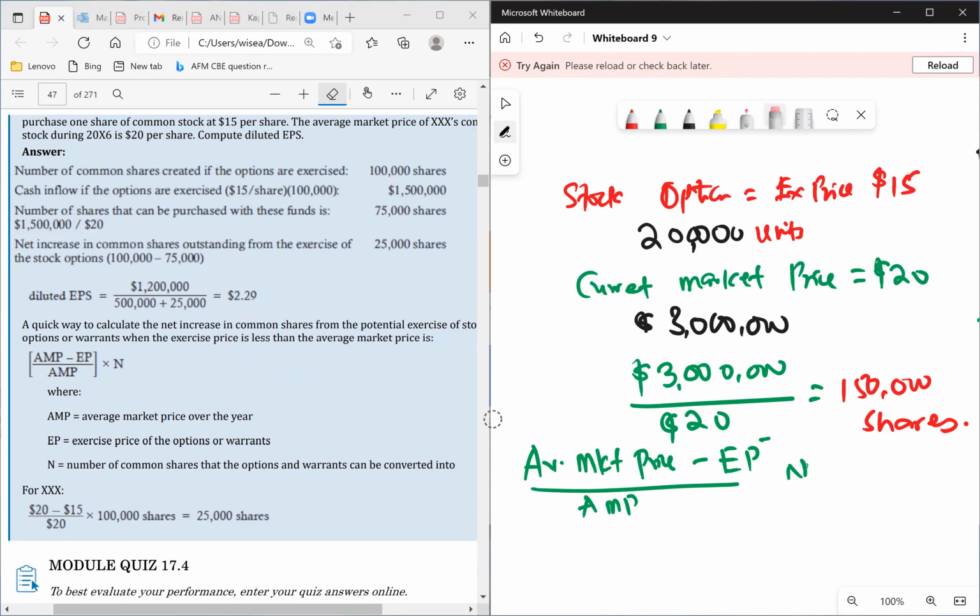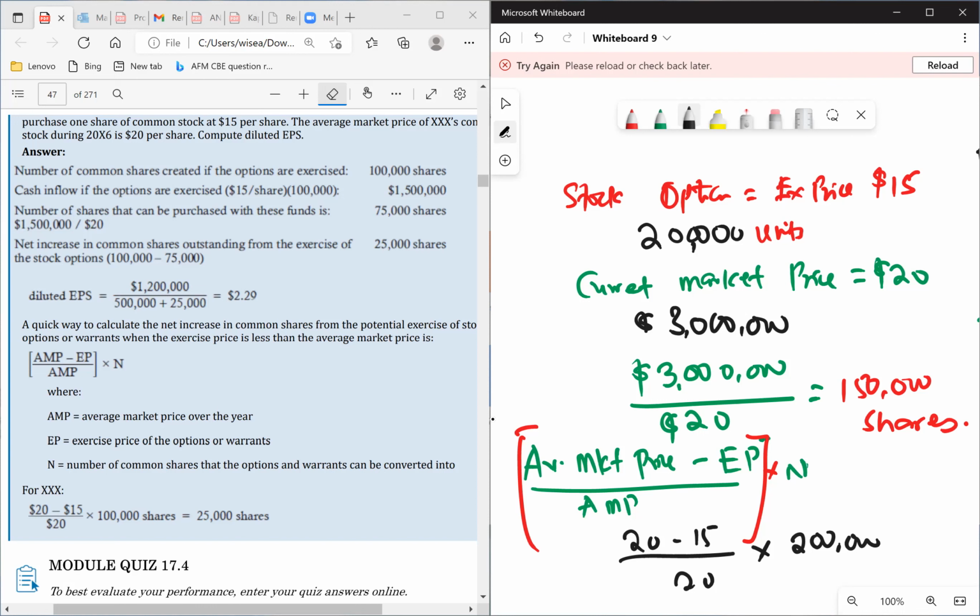So if you do that and it is greater than the earnings per share, then you say it is anti-dilutive. So in our case, $20 minus $15, over $20, times 200,000 shares. Whatever we get, if it's greater than the current earnings per share, we'll say it's anti-dilutive. If it is not, then we use it in calculating the diluted earnings per share.